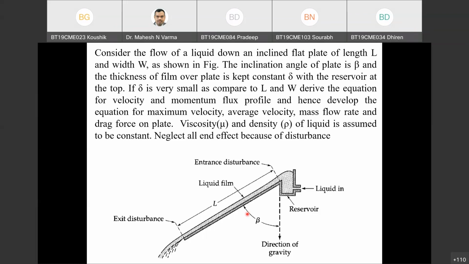Read the problem carefully and take out all the information.